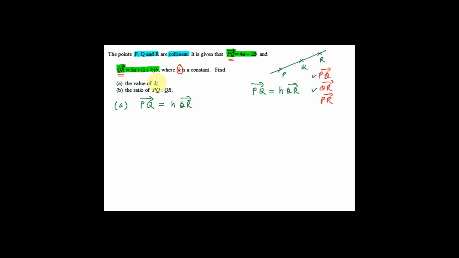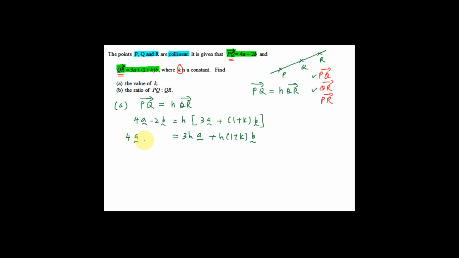So now if you know the relationship, that if PQR are collinear, PQ equal to hQR. Now you can find the value k and h by using the comparison method. So now you have PQ, which is 4a minus 2b. Then you have h here. What is your QR? Your QR equal to 3a plus 1 plus kb. Now expand this, you have 3ha. Always put the constant in front, plus h multiplied with 1 plus kb.